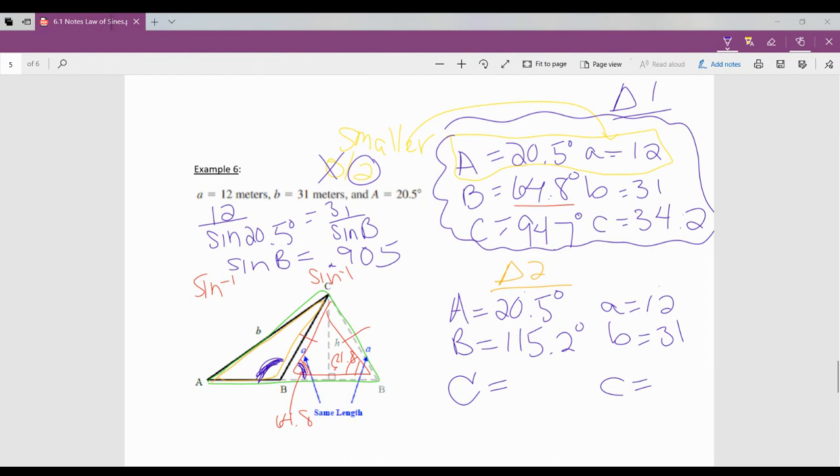All right, so now I can find what angle C is because I have 2 out of the 3. So 180 minus 20.5 minus 115.2, and it's going to be smaller, which makes sense. The original C was that big measurement, so this C is a little bit smaller. So it is 44.3 degrees.